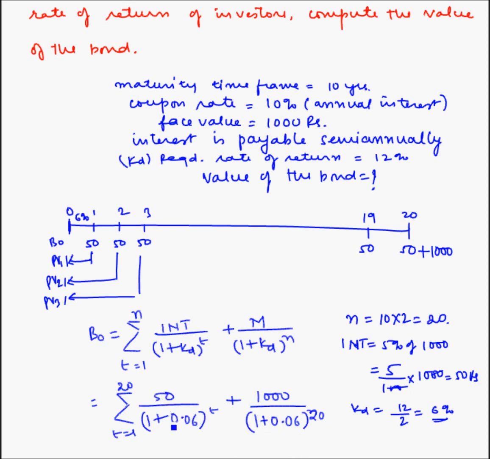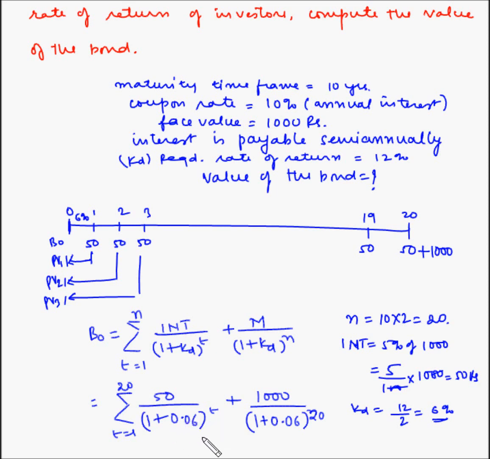So what does this mean? The first part means that T has to be replaced with the values from 1 to 20, and all of them have to be added. So it will be 50 divided by 1.06 to the power 1 plus 50 divided by 1.06 to the power 2 plus 50 divided by 1.06 to the power 3, and so on up to the point where T is equal to 20.